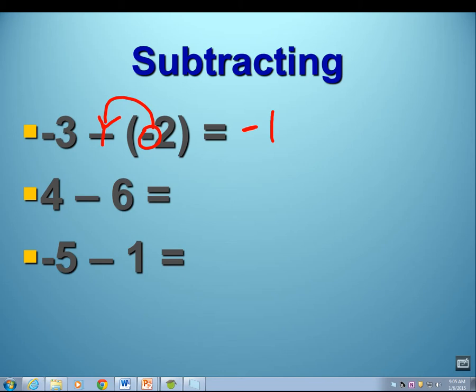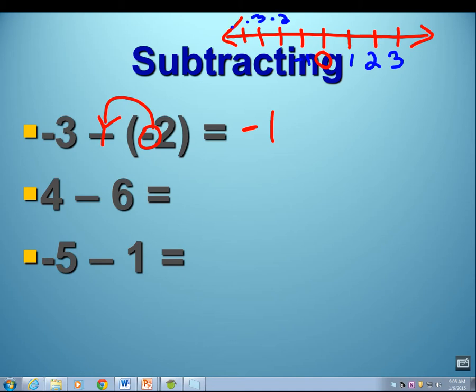How about 4 minus 6? -2 is correct. I'm going to draw a number line for you guys who might be struggling with this. So we have 4 minus 6.